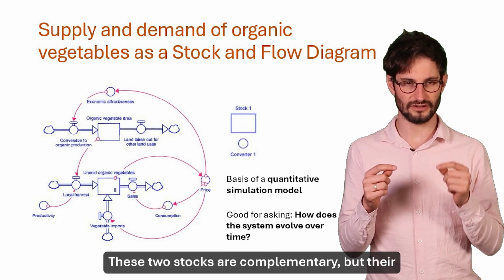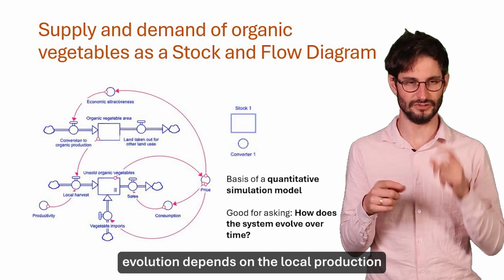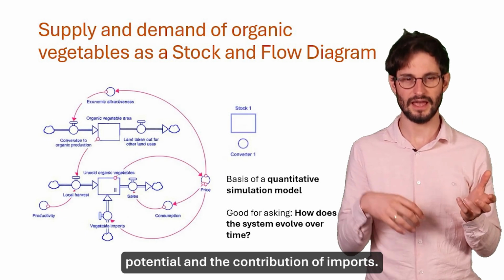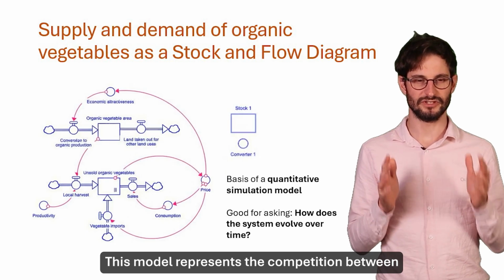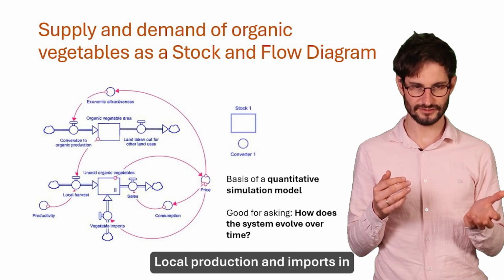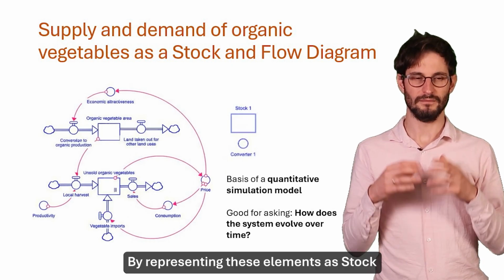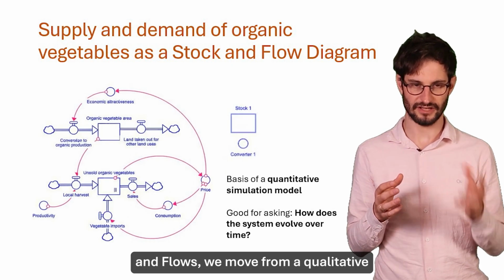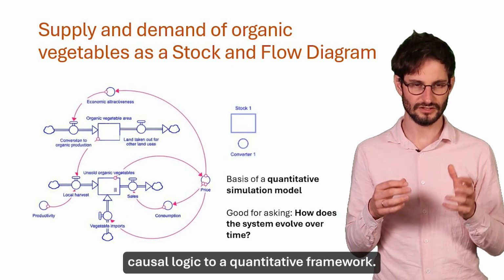These two stocks are complementary, but their evolution depends on the local production potential and the contribution of imports. This model represents the competition between two supply models, local production and imports, in relation to overall availability to consumers.